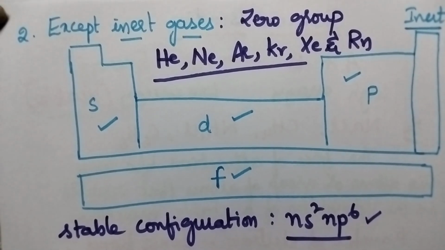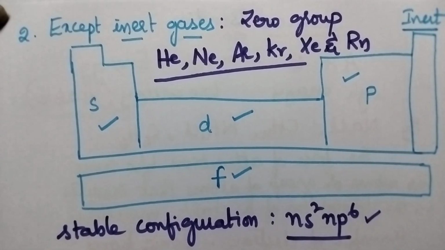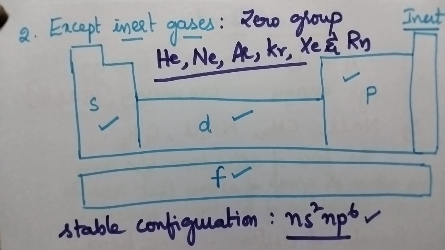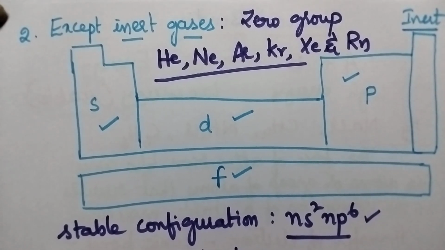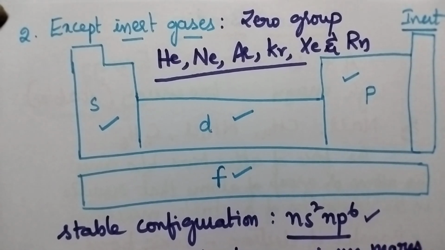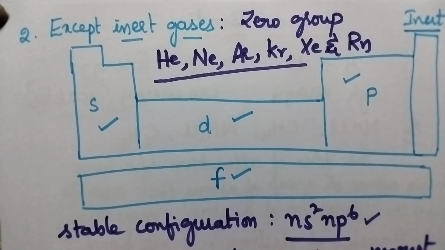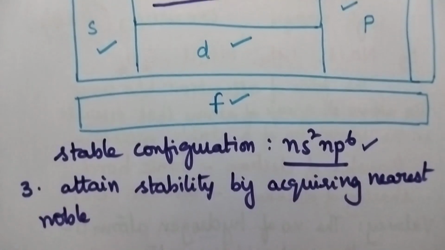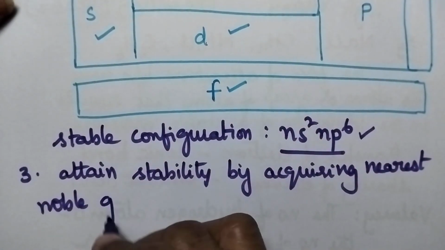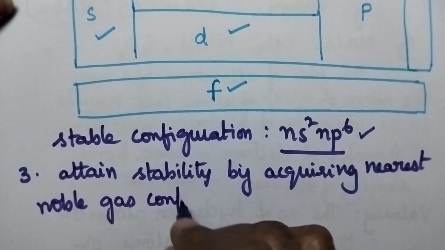So other than noble gases, if we consider any atom, these atoms attain stability by acquiring the nearest noble gas configuration.